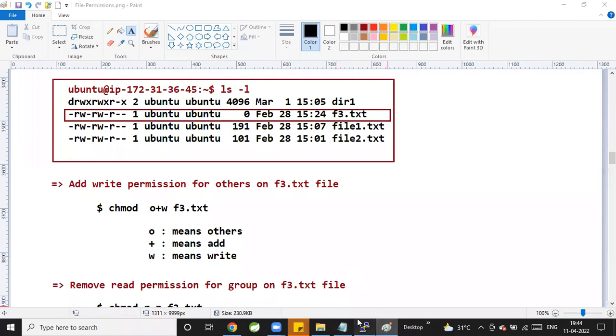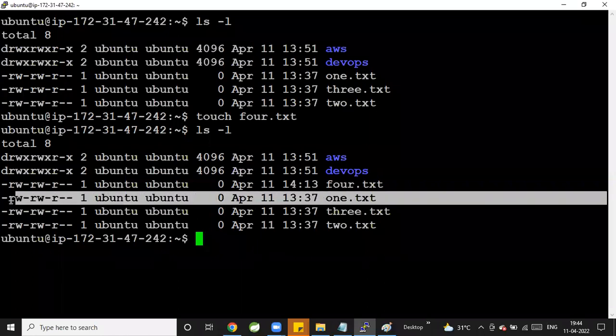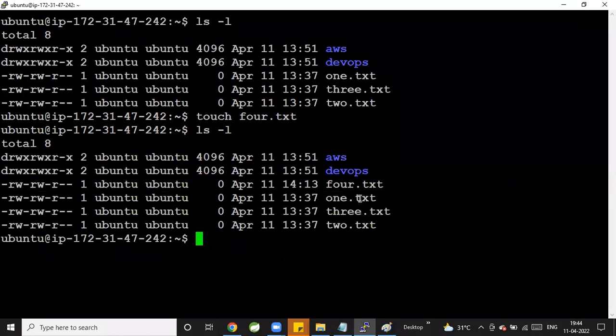Now, I want to add execute permission for the user for 1.txt. Can you tell me what permissions the user has for 1.txt? Only read-write permission is available for the user or not?